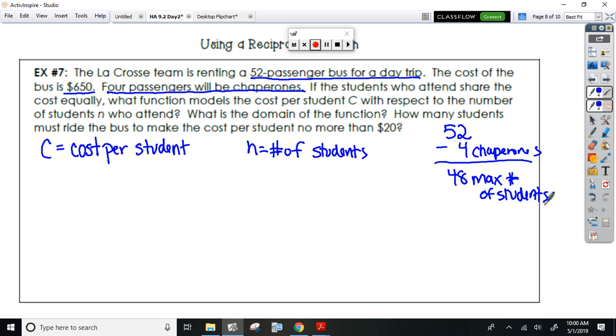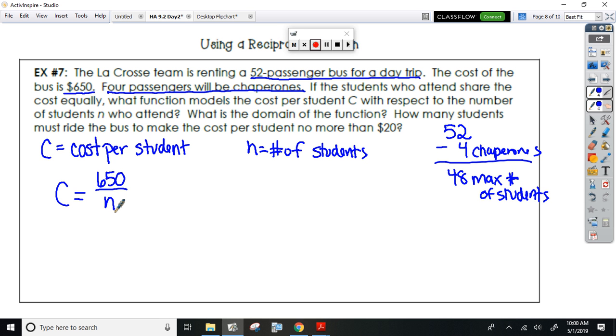So, will it be y equals 650 divided by... Perfect, almost. Instead of y equals, it'll be c equals. C equals 650 divided by n. The cost per student will equal 650 divided by the number of students. Okay? So that's our function.